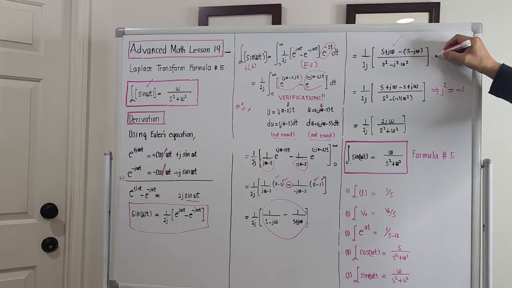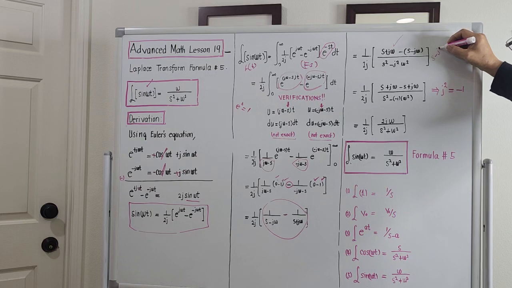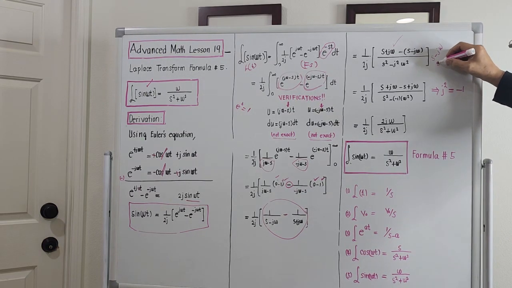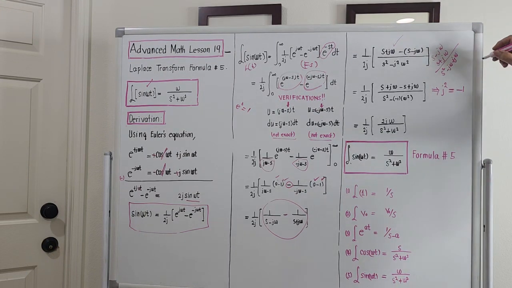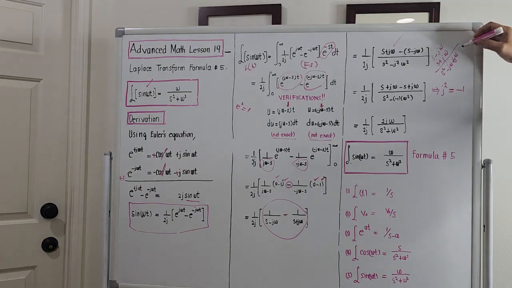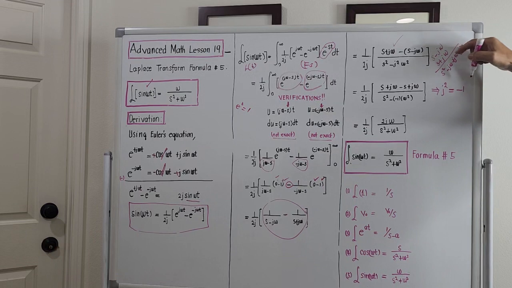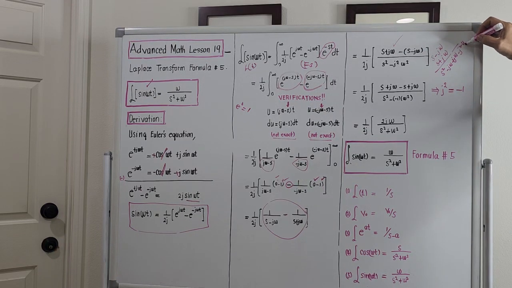So s minus j omega, s plus j omega, okay? S times s will be s squared. The middle term will be minus j omega plus j omega, so actually the middle term cancels. And the last term will be minus j times j, which is minus j squared, and omega times omega is omega squared.